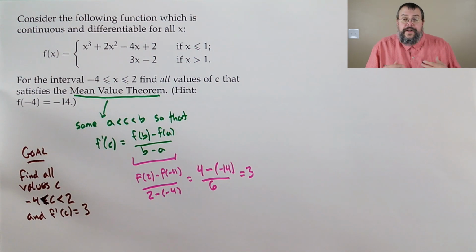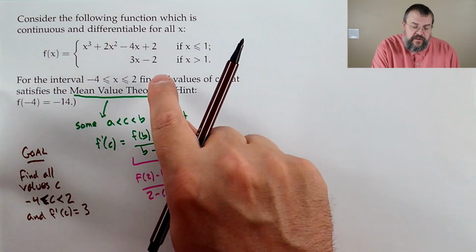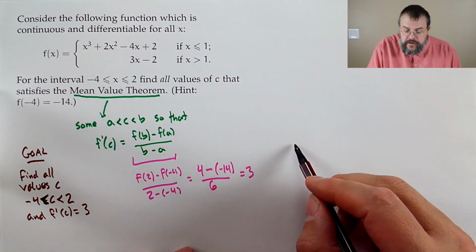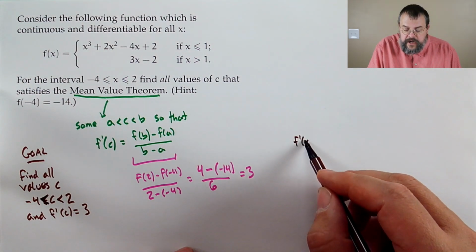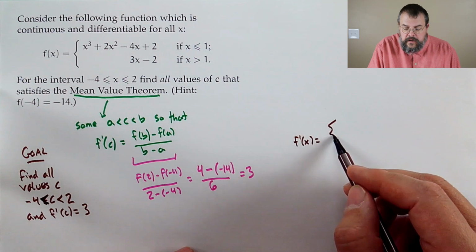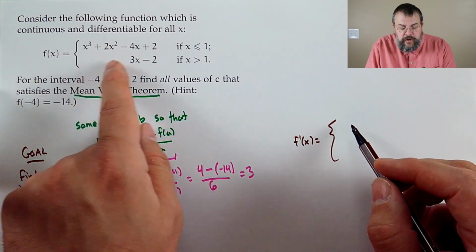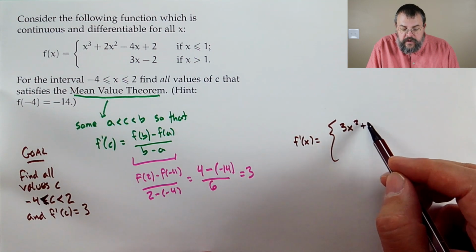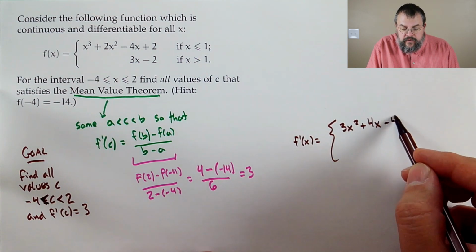Okay, so our next step is we're going to take the derivative and set it equal to 3. When you have a piecewise function, you get a piecewise derivative. So what's our derivative going to be? F prime of x would be, well, polynomial, so that's good news for us, 3x squared plus 4x minus 4.